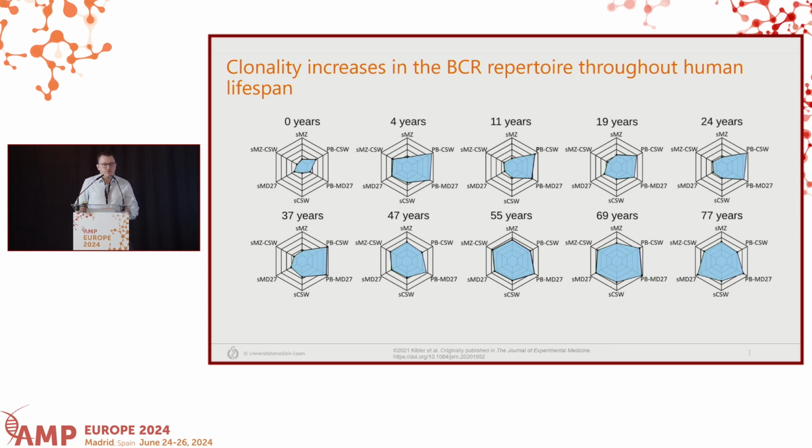Already in the 4-year-old, virtually all sequences from peripheral blood belong to expanded clones, while only a small fraction of splenic sequences belongs to clones. This changes around 40 to 50 years. And in the very old individuals, here 69 and 77 years old, we see that approximately 80% of all sequences that we analyzed, also in spleen, belong to expanded clones.